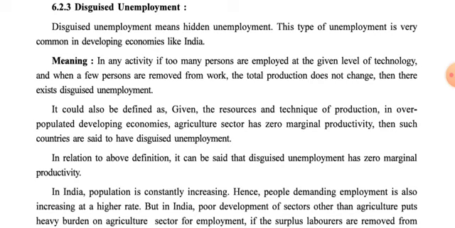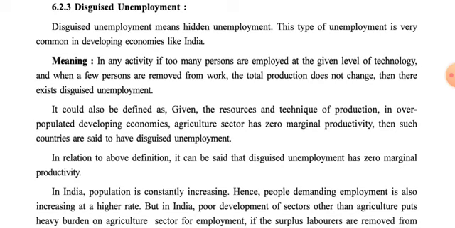That is, first of all, open unemployment, then underemployment, then frictional unemployment, and lastly, in the last lecture we discussed the cyclical unemployment. Today we are going to discuss the fifth and last type of unemployment, that is disguised unemployment. As we all know, the types of unemployment are on the basis of the nature of the economy.